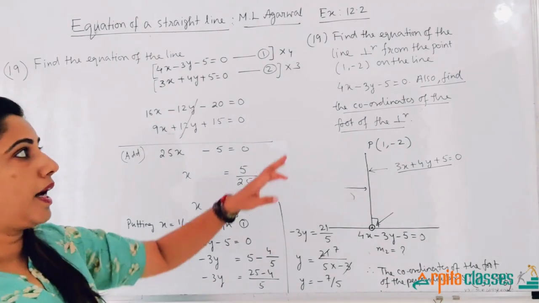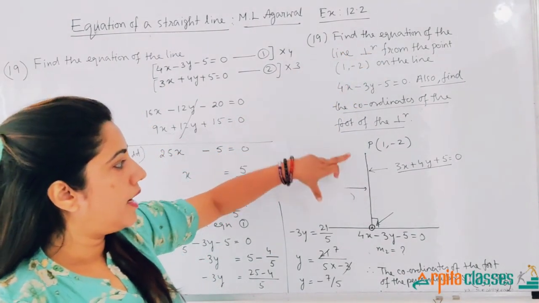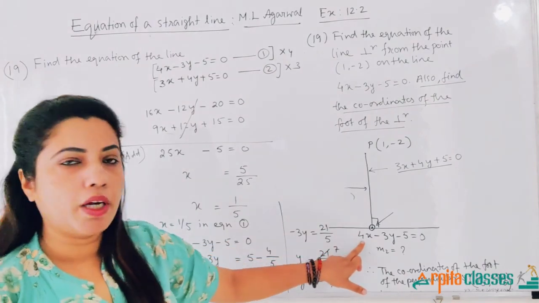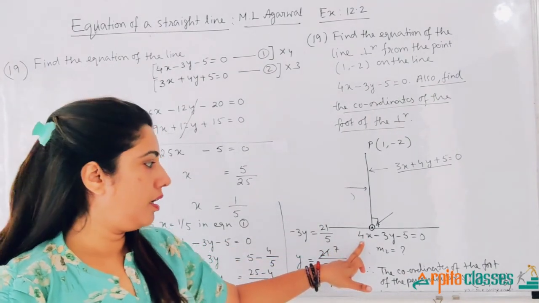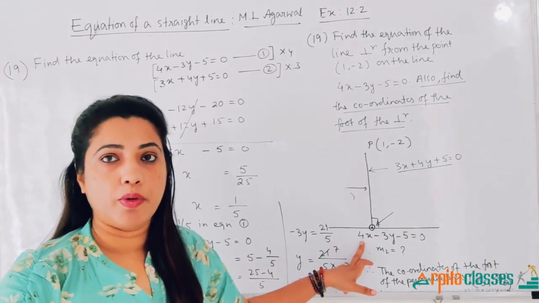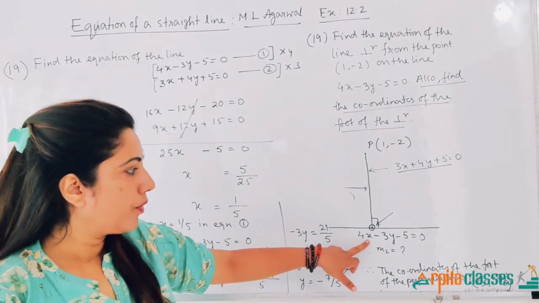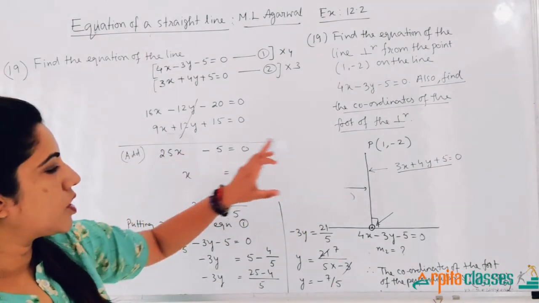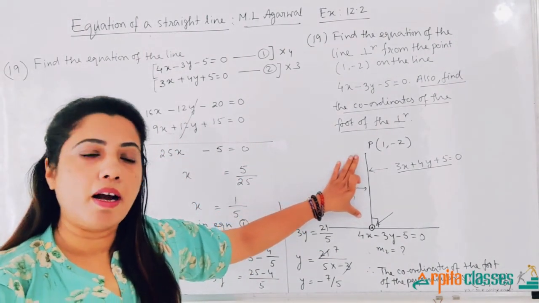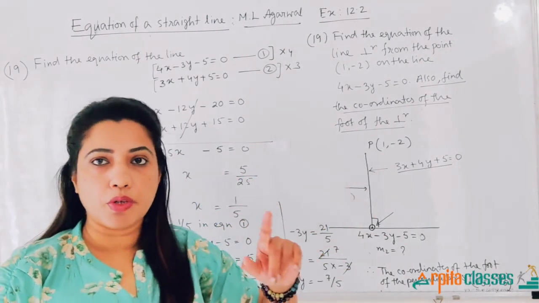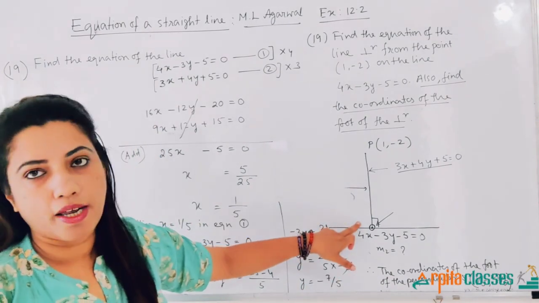I'll repeat it one more time. We have to find the equation of the line which is perpendicular to the given line. So we need to use the criteria m1 into m2 is equal to minus 1. We considered the slope of this line as m2 and we found it out, and the slope of this line is m1. Then after applying the criteria m1 into m2 is equal to minus 1, we got the slope of the required line.